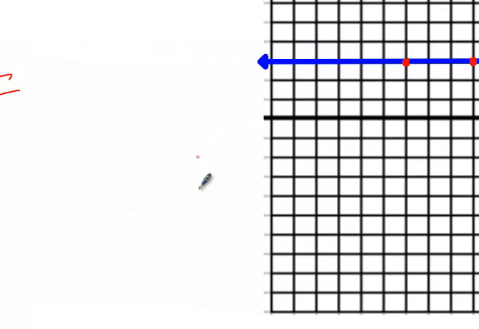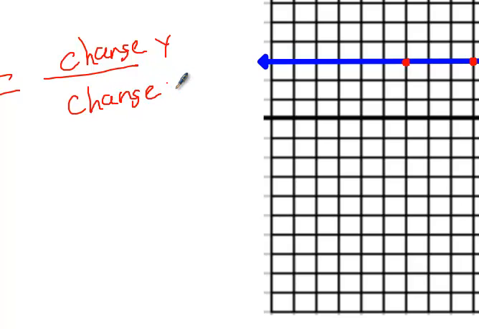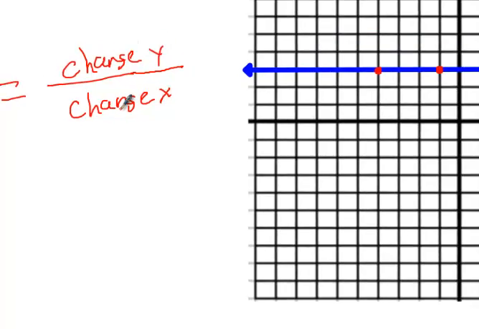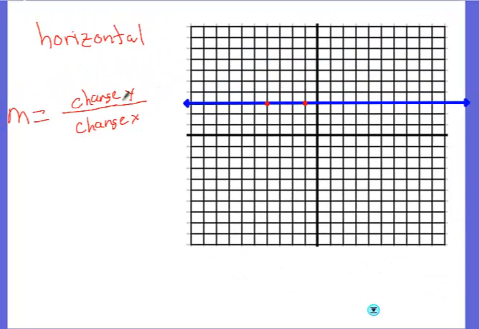Again, the slope is just the change in y over the change in x. And hopefully you can tell me what the relationship of all horizontal slopes is without me doing this example right now, just by knowing that change in y over the change in x is your slope. But I'll do the example just to be sure.